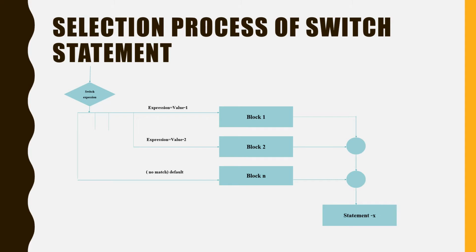If the value of n matches with the value 1, then block 1 will be executed. If the value of n matches with the value 2, then block 2 will be executed.